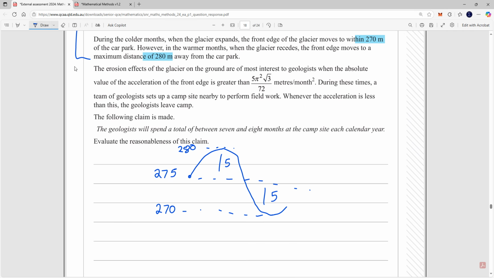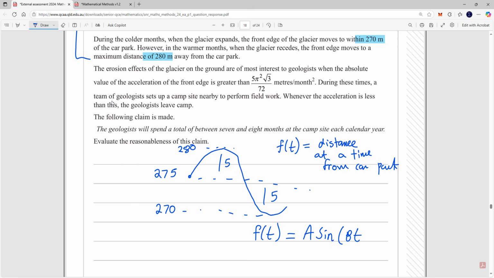So if we're assuming it's a sine curve, now we have to say this is a function of time because we're talking about distance and time, okay? So let's just call this f of t, where this is the distance from the car park at a time. So f of t, the distance from the car park, is the amplitude times sine of whatever that period will be, times t, plus that midway point.